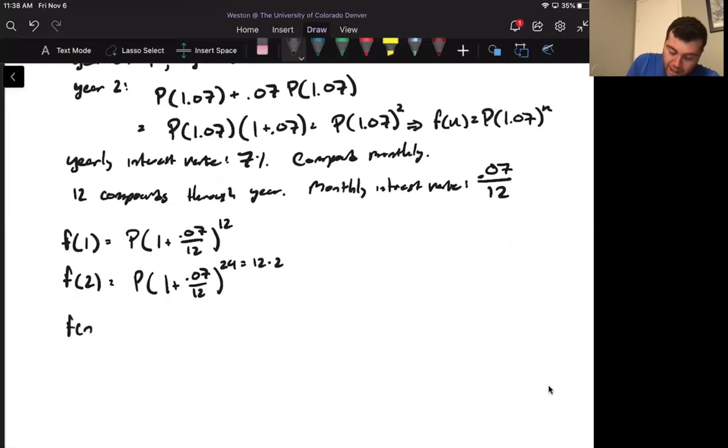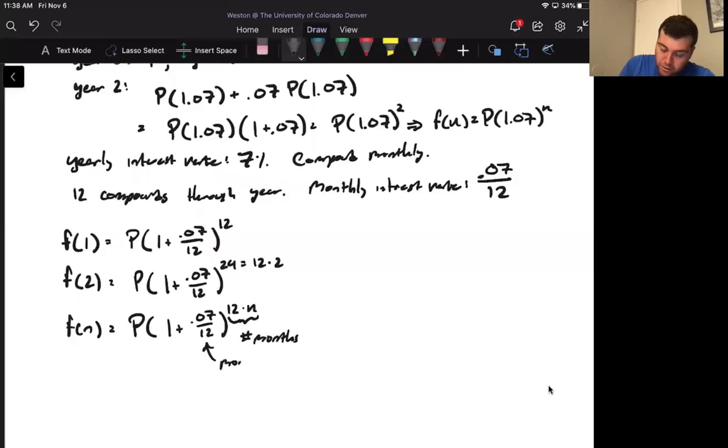And finally, f of n is P times 1 plus 0.07 over 12, to the 12 times n. So this is the number of months, and this is the monthly interest rate. And so that's all there is to it.